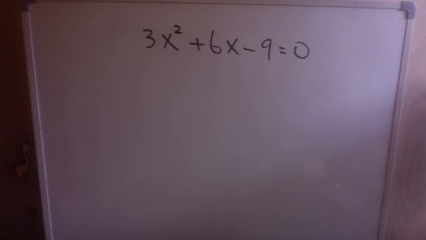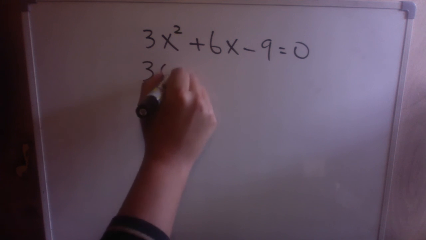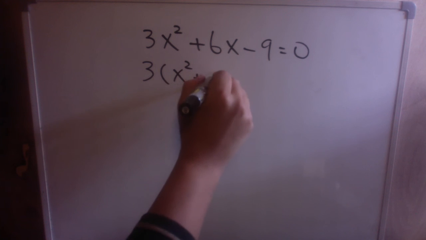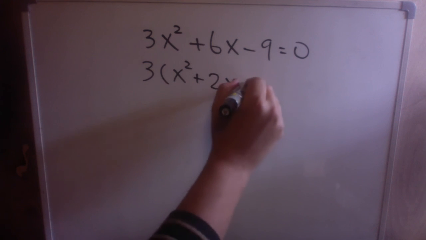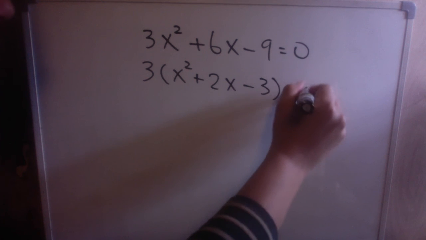So here's the next problem. We have 3x squared plus 6x minus 9 equals 0. And you stop and think, we have 3 terms on the left-hand side, but they're all multiples of 3, right? So immediately I can factor out 3. So I have 3 times the quantity x squared plus 2x minus 3 equals 0.